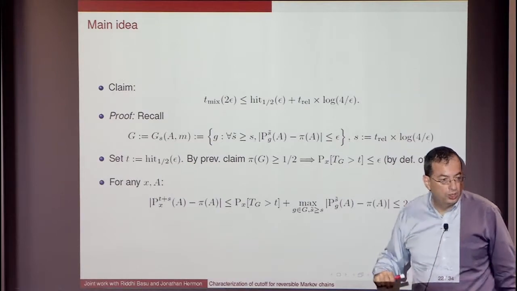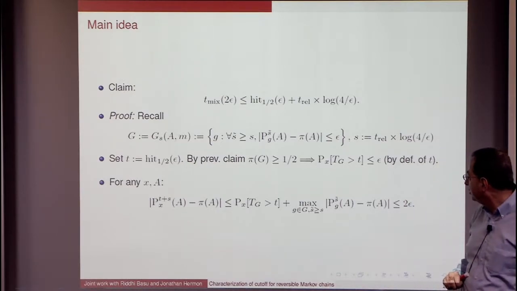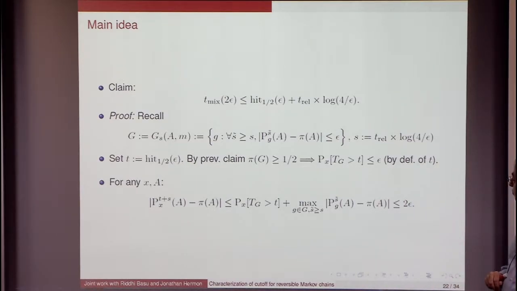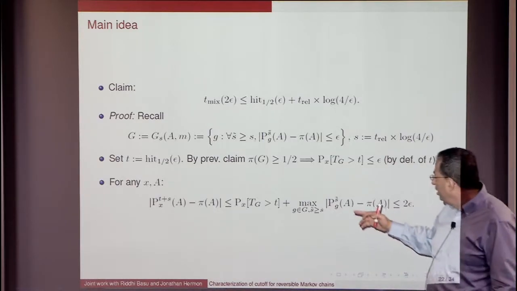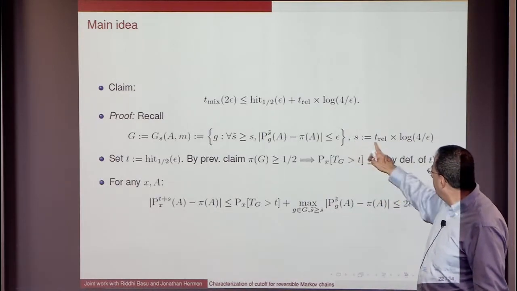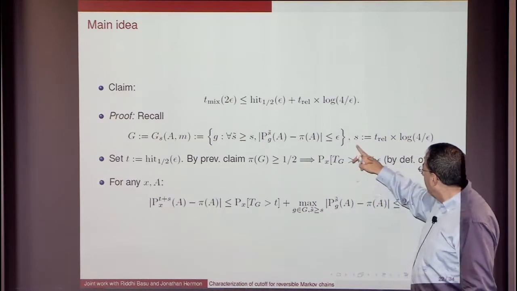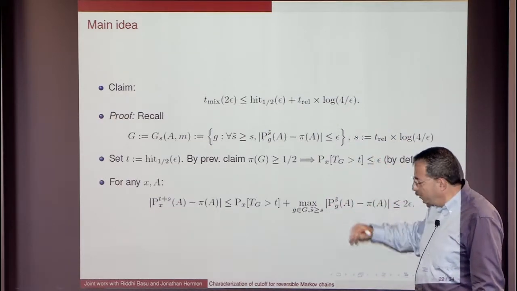So that's how we chose S, right? S was chosen to be large enough to ensure that this term is less than epsilon.